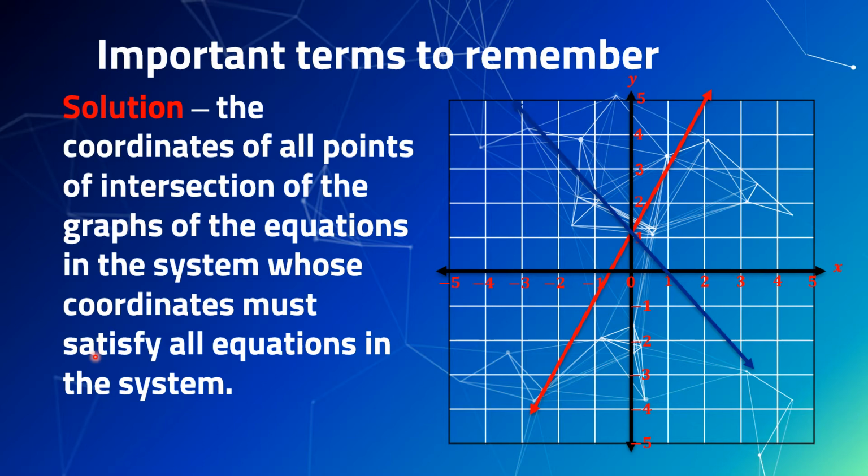In a system of linear equations, we're going to graph several equations in one Cartesian plane, and we're going to look for the point of intersection, and that point of intersection will satisfy the two or more given equations. That point of intersection is what we call a solution, or simply a point that will satisfy the equation of this line and the equation of this line.